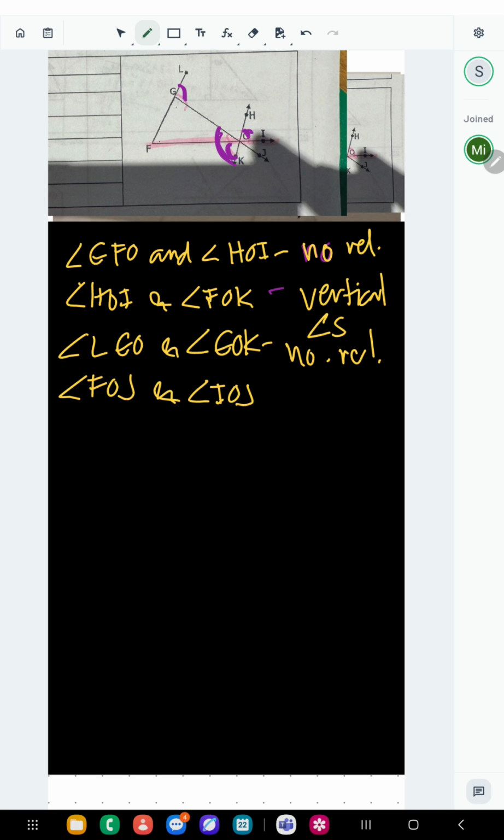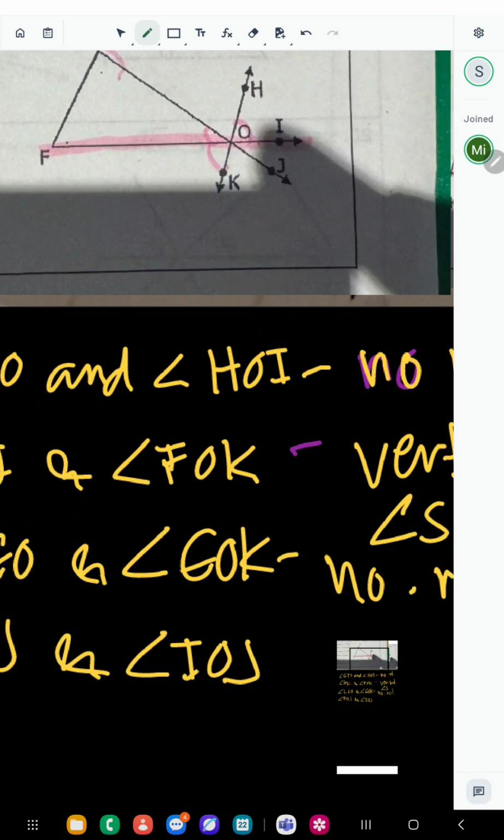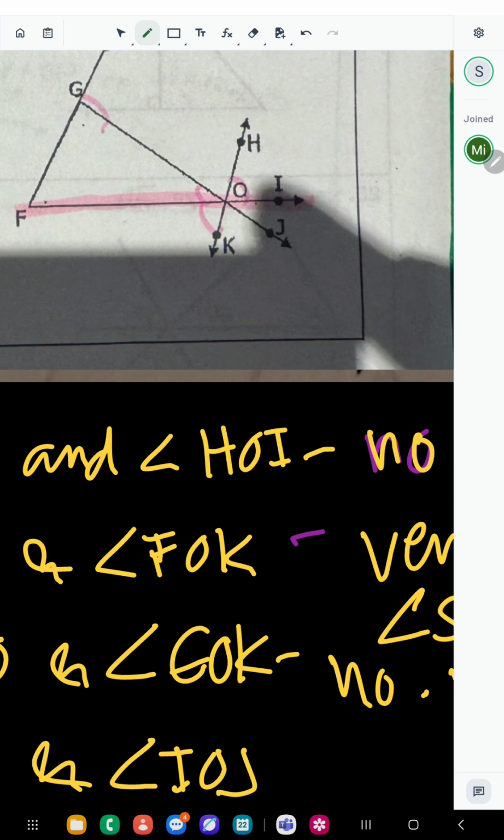FOJ, where is that? Let me delete this. Where is FOJ here? FOJ, this one, right? The big one. FOJ and IOJ. This one.